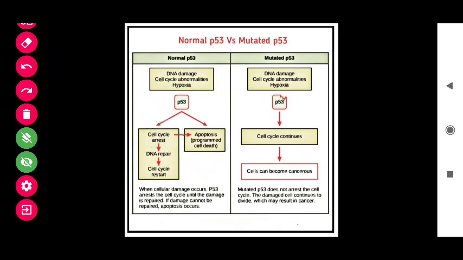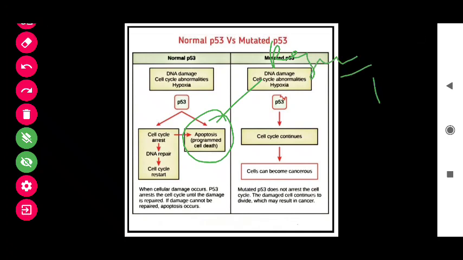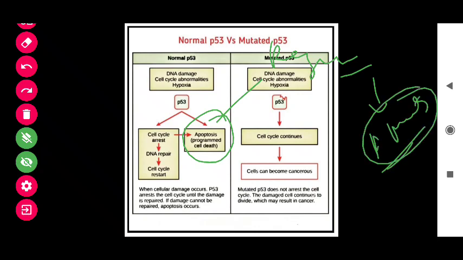If it cannot be repaired, this p53 regulates, or it says that the cell should go through apoptosis, programmed cell death, so that the damaged DNA cannot pass from G1 to S phase or into the next cycle of the cell cycle.